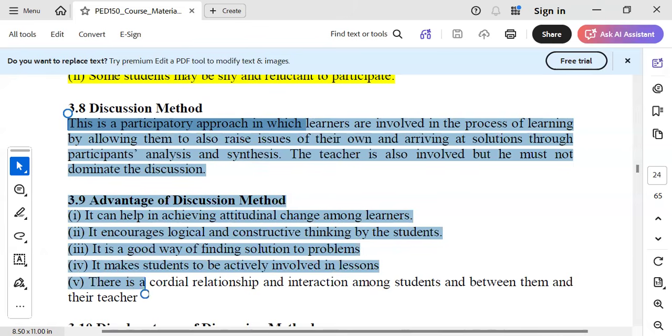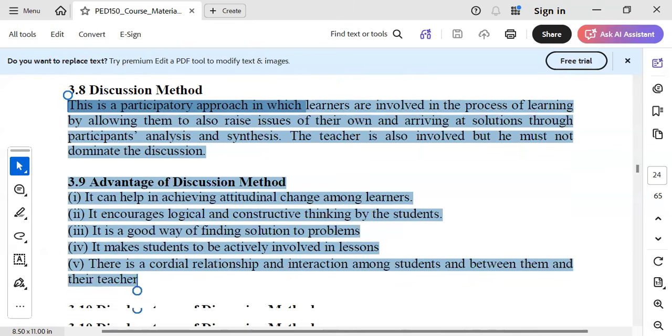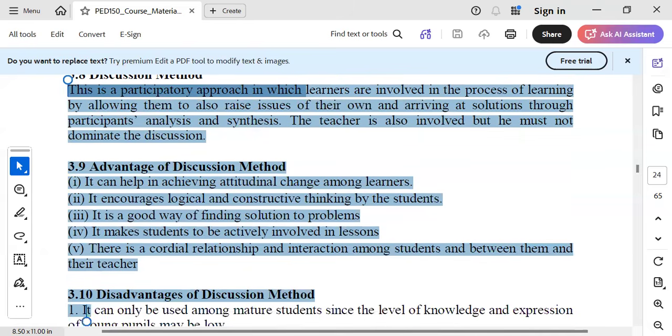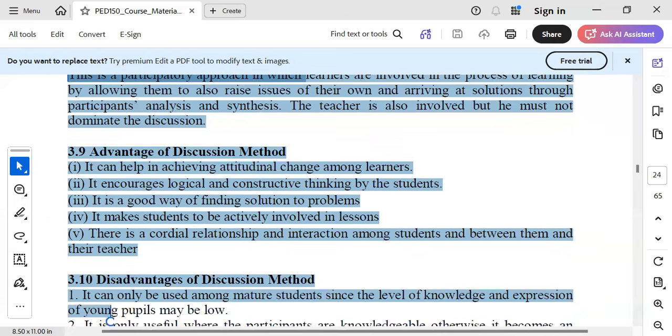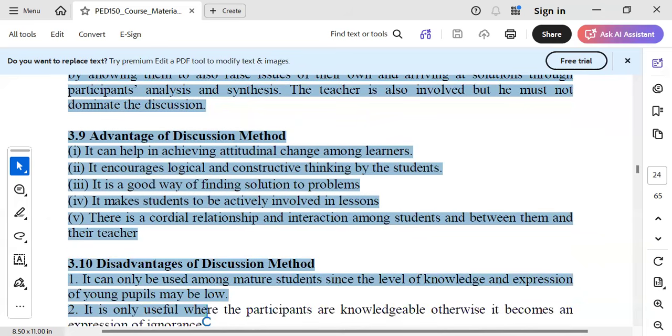And lastly, there is a coordinate relationship and interaction among students and between them and their teacher. Of course, you know that anything that has an advantage will probably have a disadvantage. So what are the disadvantages of this method?